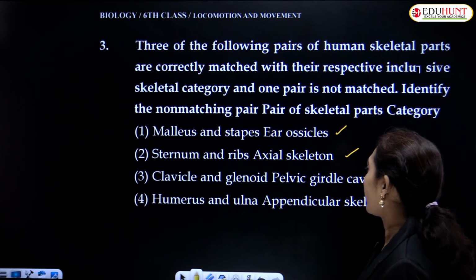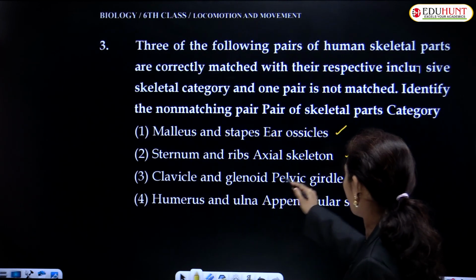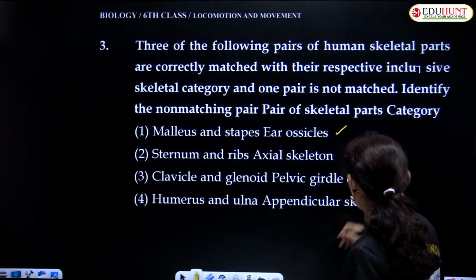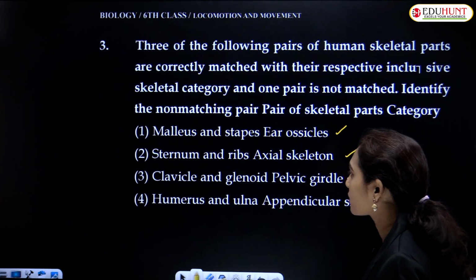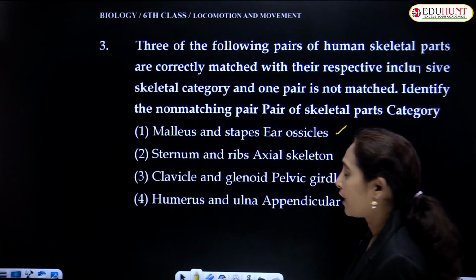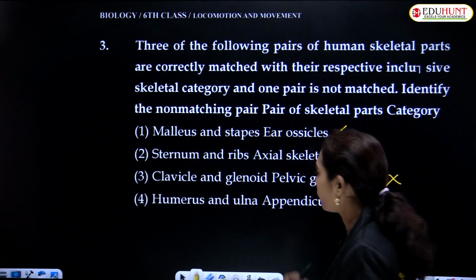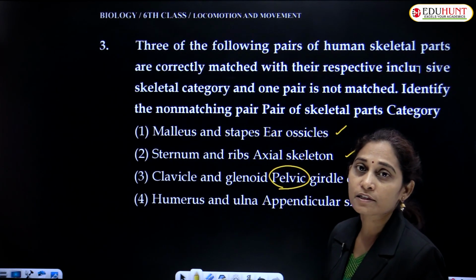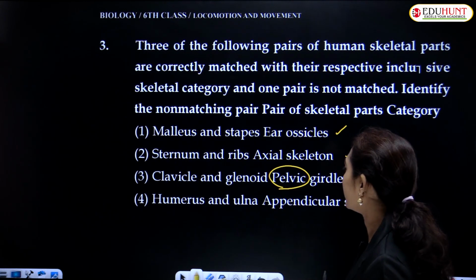Clavicle and glenoid cavity, pelvic girdle. Probably this could be the wrong answer, because clavicle and glenoid cavity are not a part of the pelvic girdle, they are the parts of the pectoral girdle.